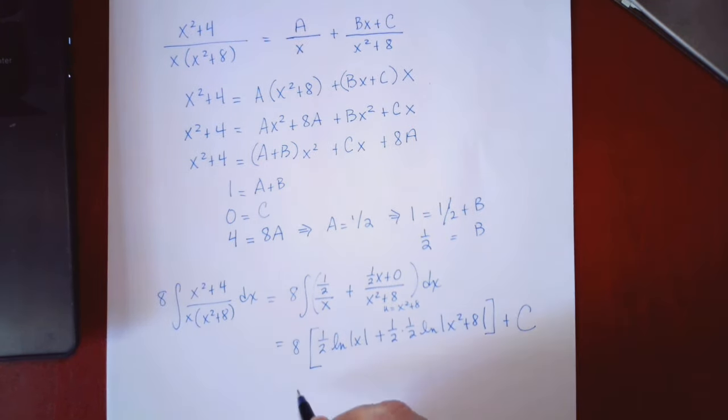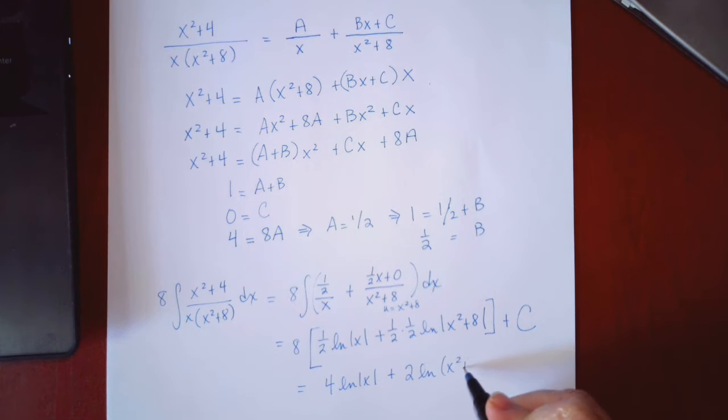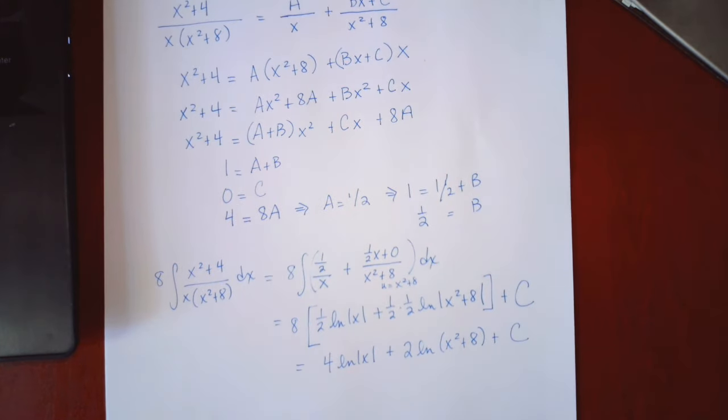If you multiply through, we'll end up with 4 ln absolute x plus 2 ln of x squared plus 8 plus c. Now notice in this part I didn't need to leave the absolute values around the x squared plus 8 because x squared plus 8 is always non-negative for real values of x.